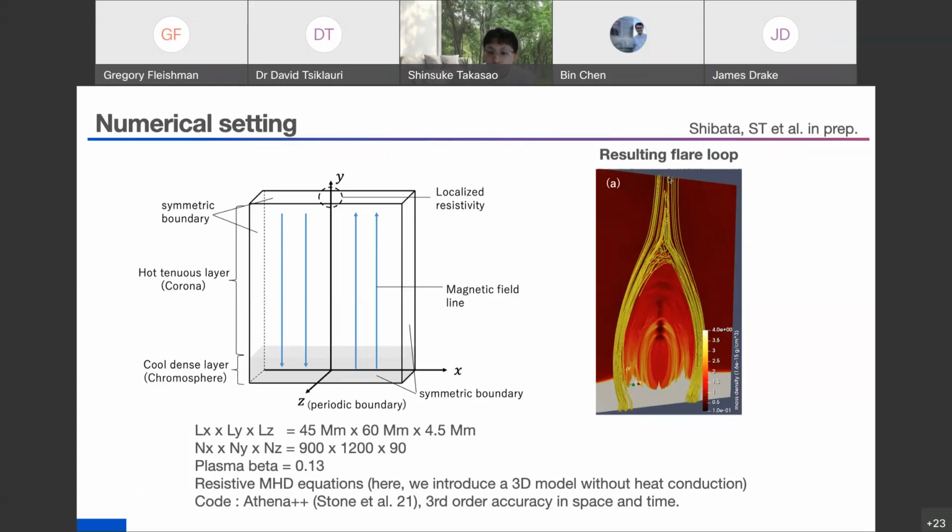We do not have a plasmoid and we do not have the CME, and we assume the symmetric boundary here, so that we may have a CME-like ejection probably here.